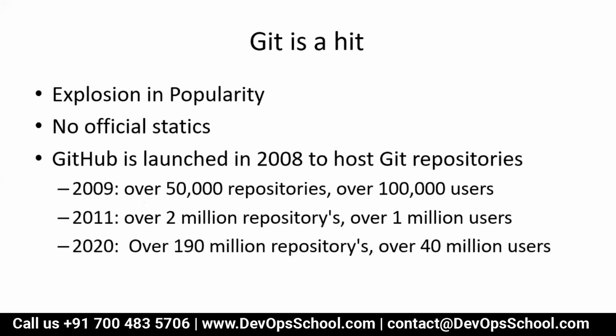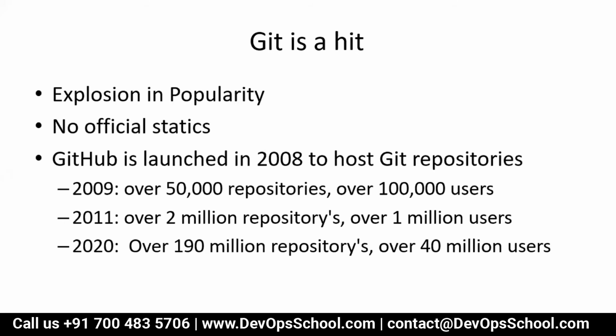Again, you can visualize Git's popularity by looking at the statistics and metrics of GitHub. In 2009 we had 50,000 repositories and over 100,000 users.